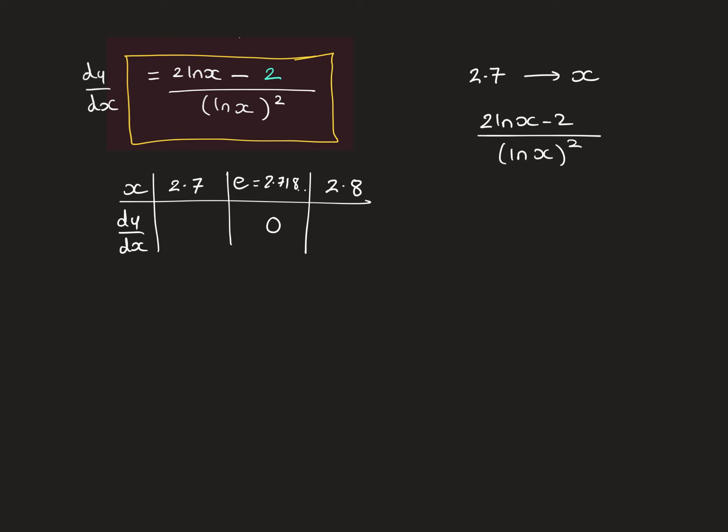So I simply use that x button again, write this out, and it stops me from having to keep typing in the number 2.7, which is where I might be likely to make a mistake. So this tells me that the gradient is equal to negative 0.0136... So that is a negative gradient there.